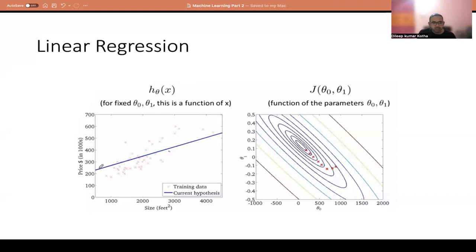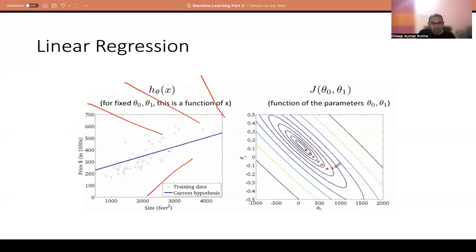And here you can see an example of a hypothesis function where, given a training data, we have fitted a hypothesis, and you can see this hypothesis almost fits nicely to this training data. And there will be some other hypotheses, like this, like this. So if we keep changing theta 0 and theta 1, there will be different hypotheses like this. We start with some hypothesis here, and we slowly move to the center.